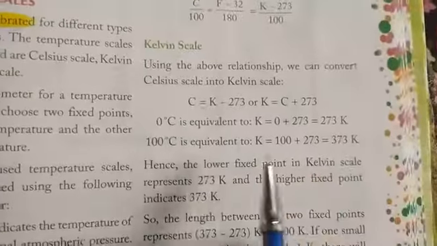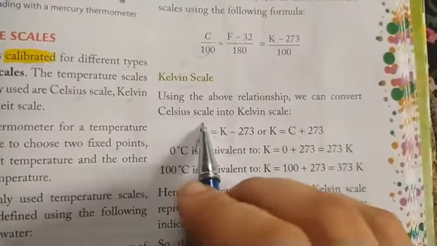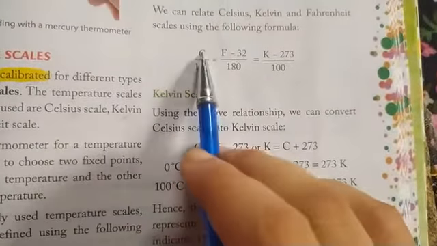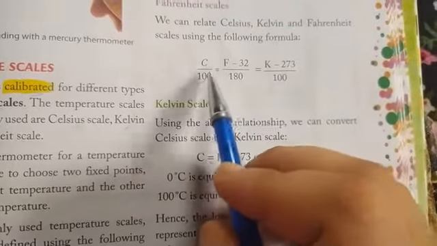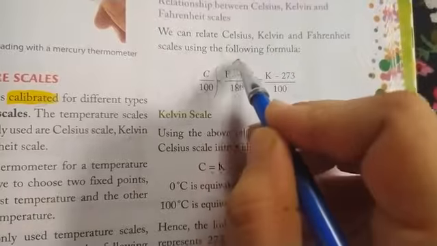So first we will see the relationship between the Celsius and Kelvin scale. Here you can see that these three are equal to each other, so any two of these can be equated.